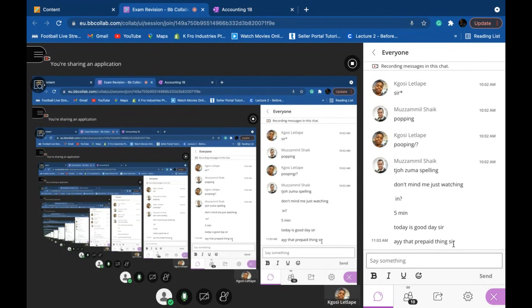So I suggest that you go to my unit 4. I think we touched on it in unit 4 when we were going through the slides, the theory side of it, just to update yourself on prepaid expense, accrued expense, income received in advance, and accrued income. Those 4. What they are, what we are talking about when we mention them. Just go through the theory there.